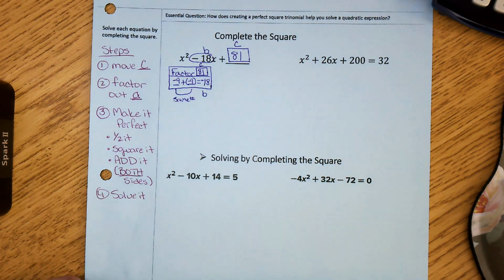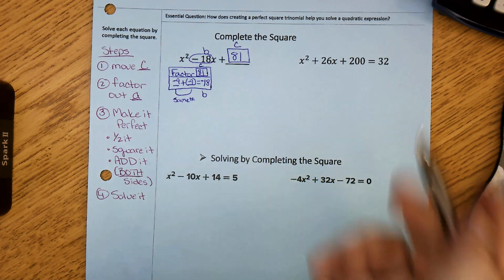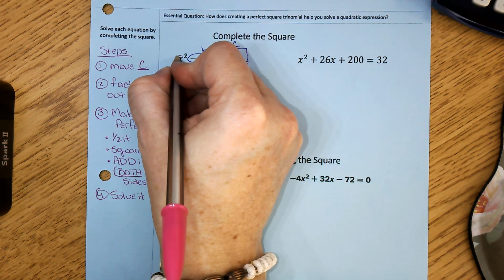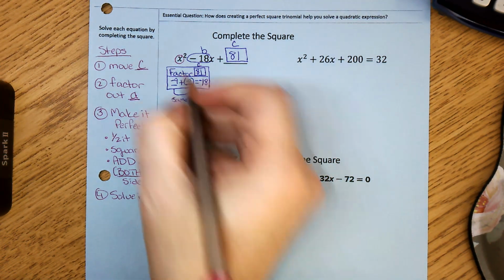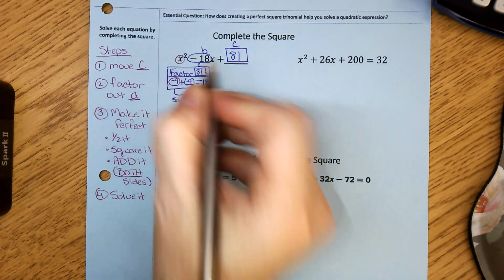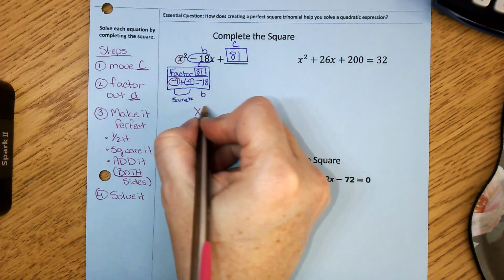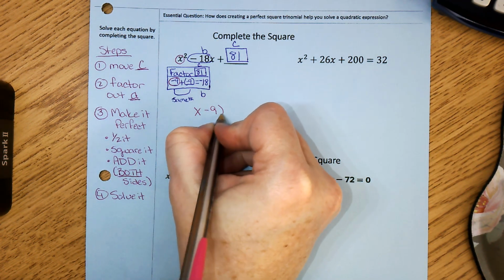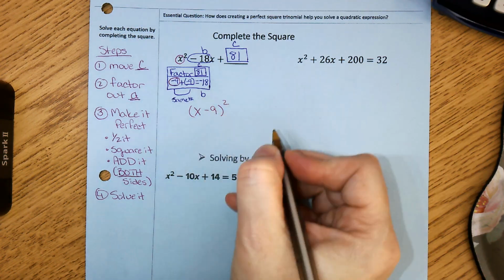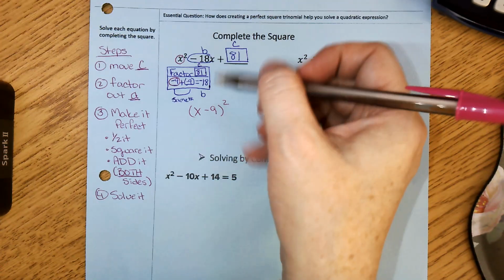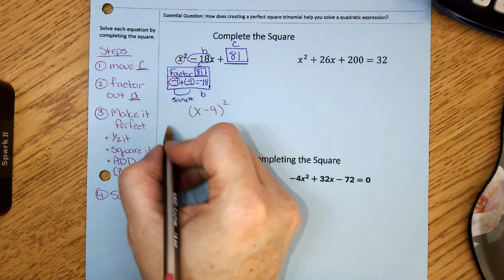So what does this equation look like now, now that we know what C is? Well, we're going to take the x from x squared, and we're going to take one of our factors, which we squared. And we've got x minus 9 squared. We have a perfect square. Now how do we get from here to there?